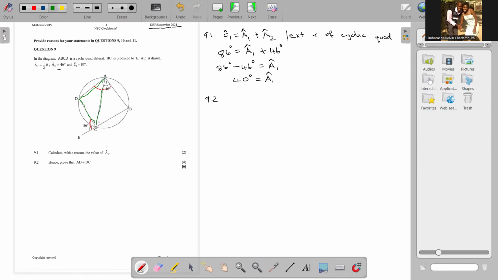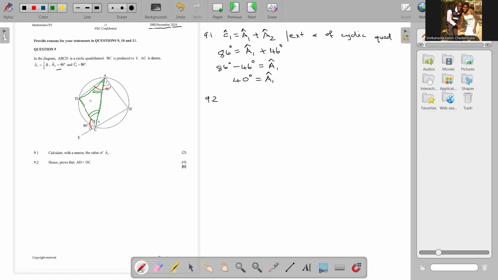We have to prove that this angle is equal to this angle, then we can conclude that this side is equal to this side, since those will be sides opposite equal angles.